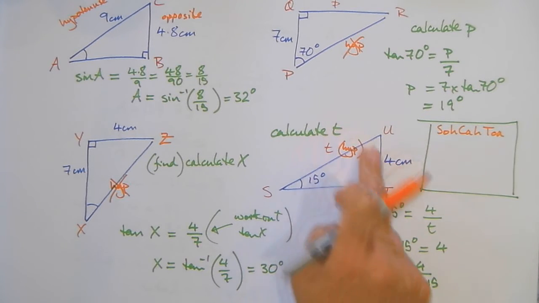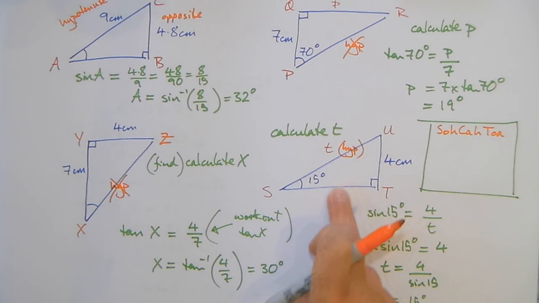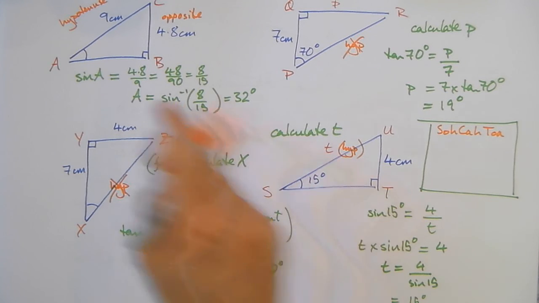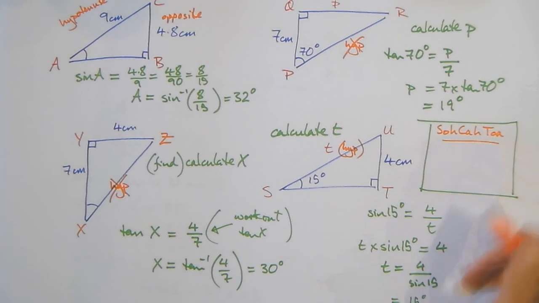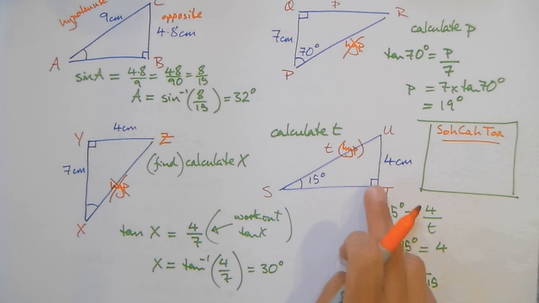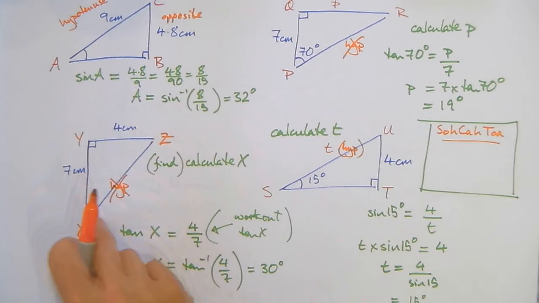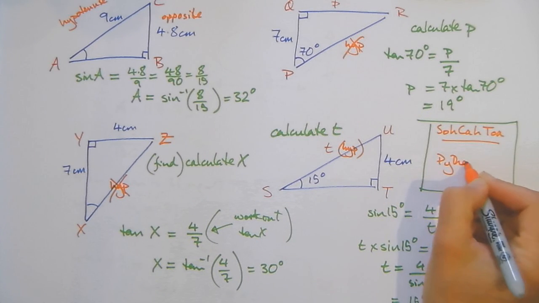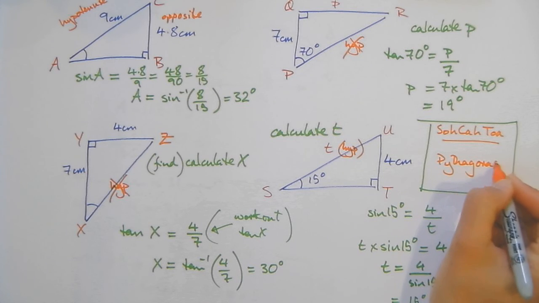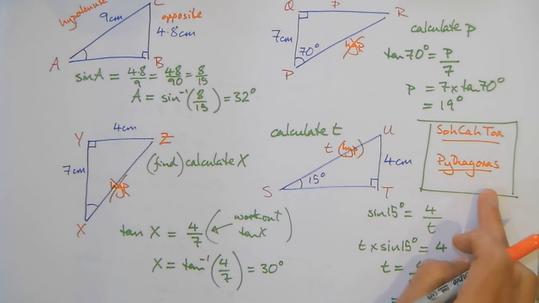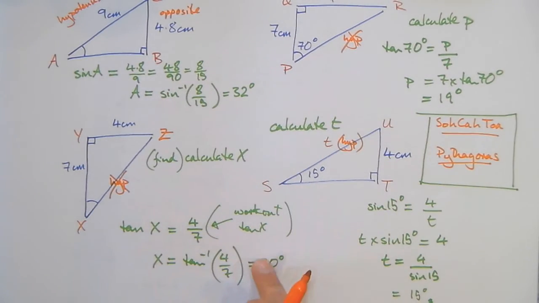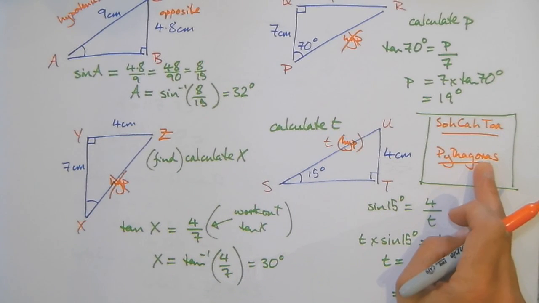If in this question here, I told you this side to find that one, it would have been a cosine question, but the method doesn't change. You might want to as well revise the technique that goes with right angle triangles, which is Pythagoras. So if you see a right angle triangle in a question, it'll either be trigonometry or Pythagoras.